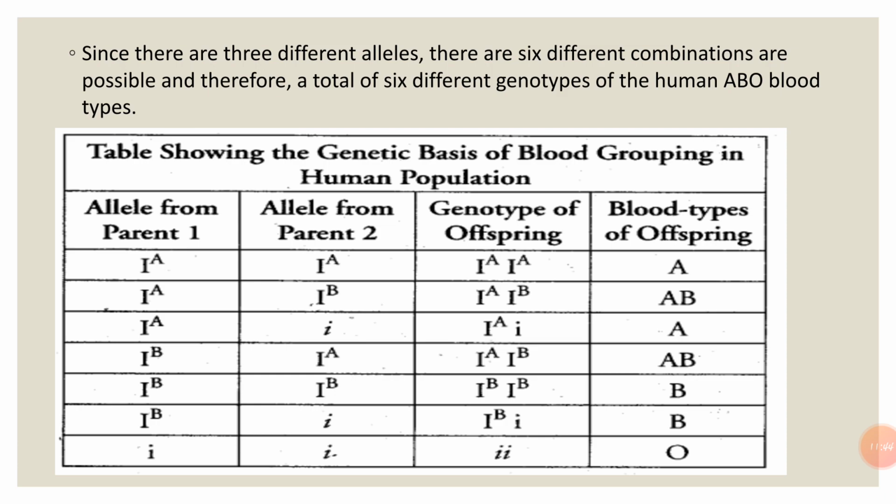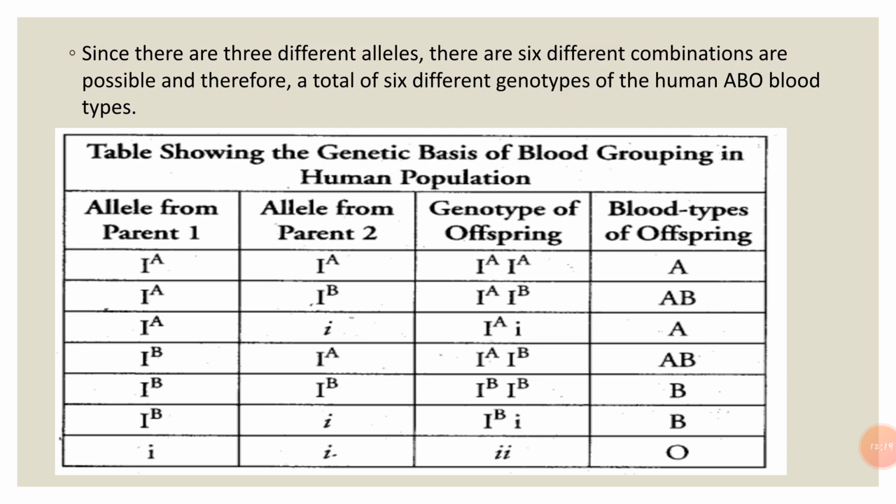Suppose parent 1 has allele IB and parent 2 has allele IB, here the blood group is going to be B. In the next case, if parent 1 has capital IB and parent 2 has small i, the genotype of the offspring will be IB i, so the blood group will be B. In the last case, if parent 1 has small i and parent 2 also has allele i, the genotype of the offspring will be ii, and the blood group is going to be O.